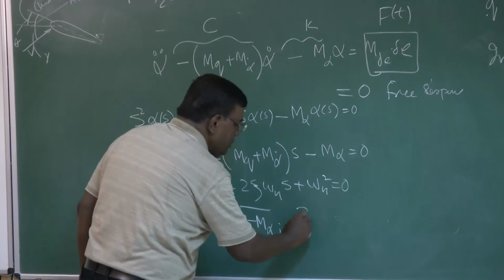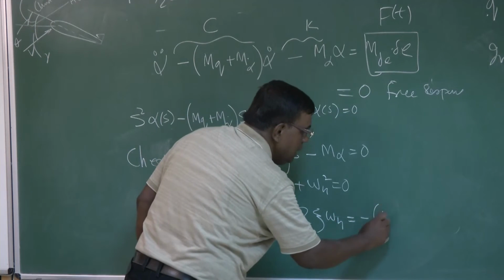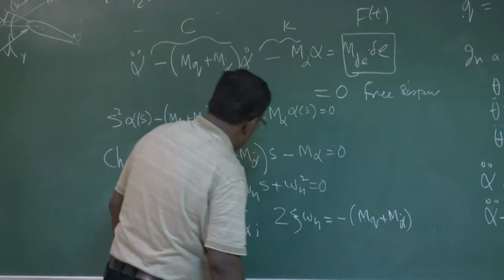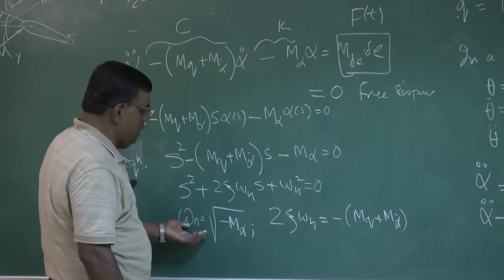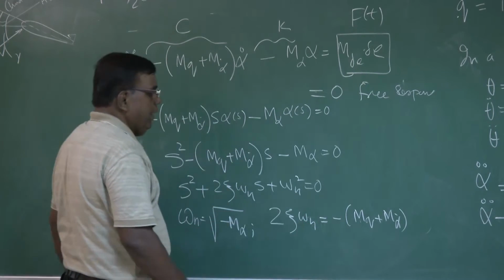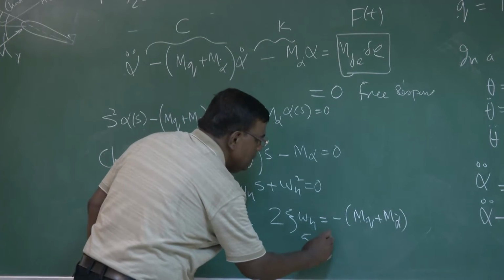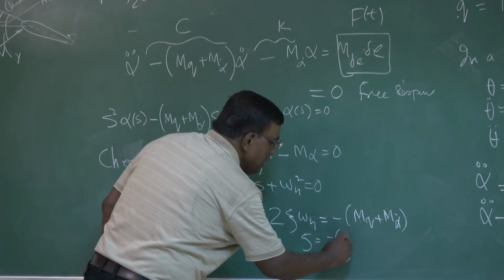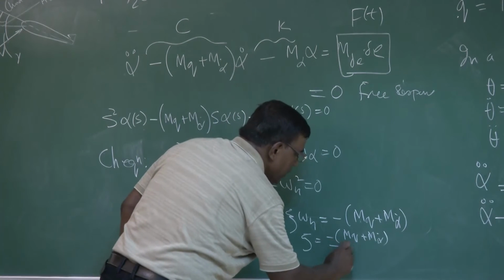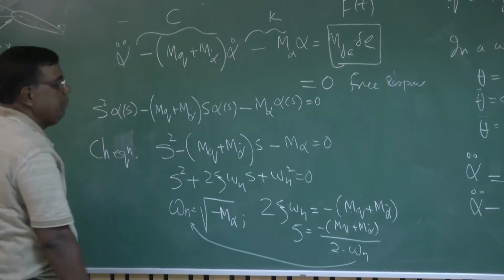I'll find like this: 2 zeta omega n equal to minus (mq plus m alpha dot). So if I put omega n value here and 2 goes down, I can find out zeta. So zeta will be minus (mq plus m alpha dot) divided by 2 into omega n, and omega n I can use this expression.